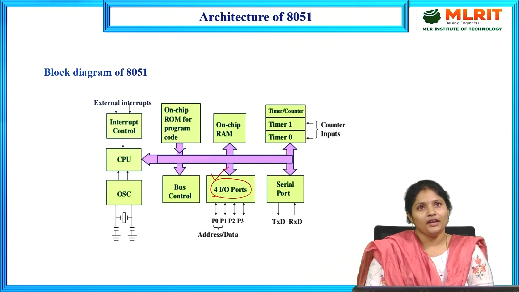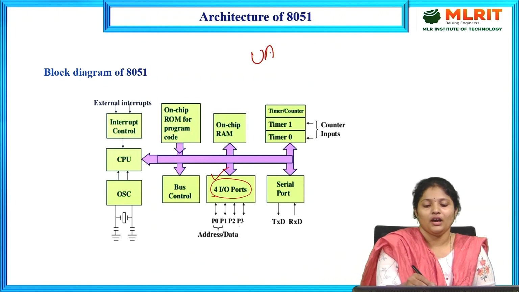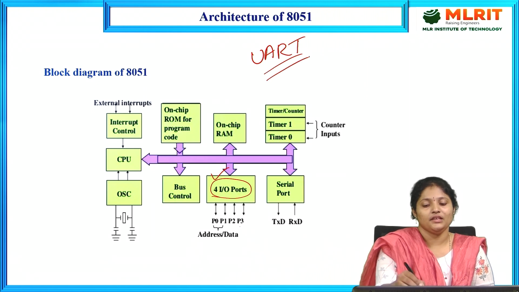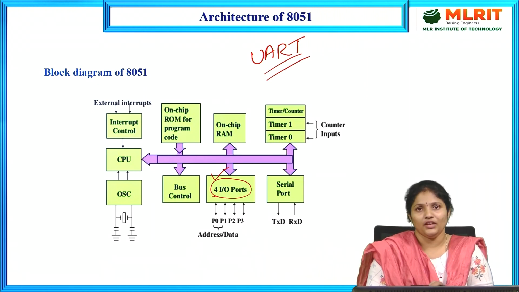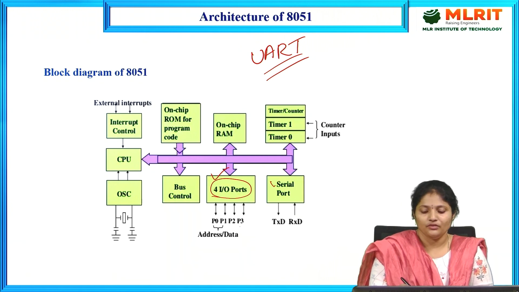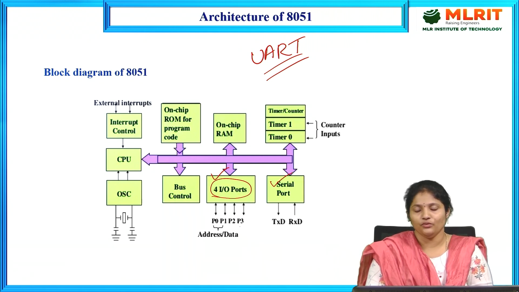And our 8051 will support UART, Universal Asynchronous Receiver Transmitter serial communication. To transmit and receive the data, we use these communication ports. This is the serial port which can be used for serial communication. TXD is the transmission and RXD is the reception of the data.